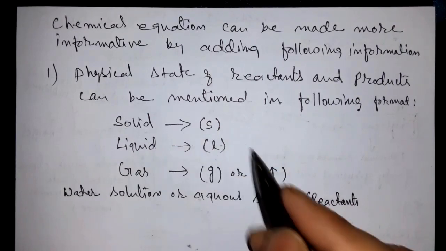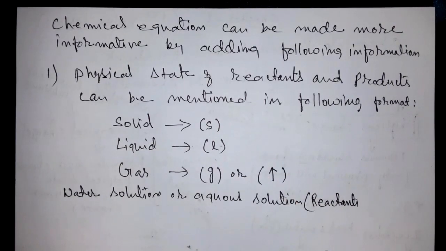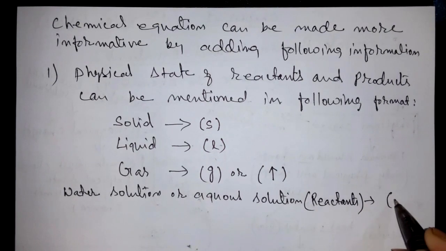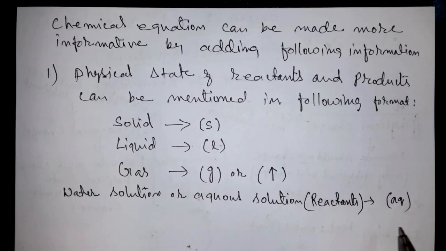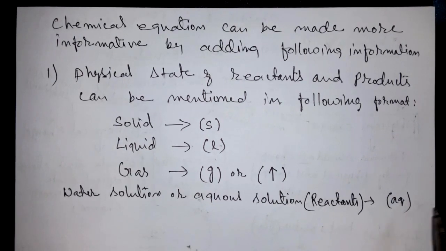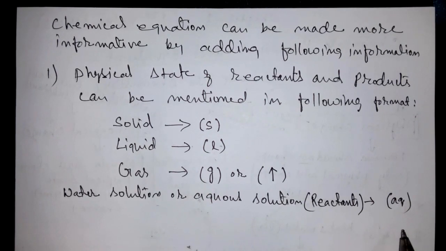Solid, liquid, gas can be used for both reactant and product. We use bracket and we use aq. So whenever after any reactant aq is mentioned, that means that chemical is in the form of a water solution. That means that chemical is dissolved in water, and that water solution is used in the chemical equation.